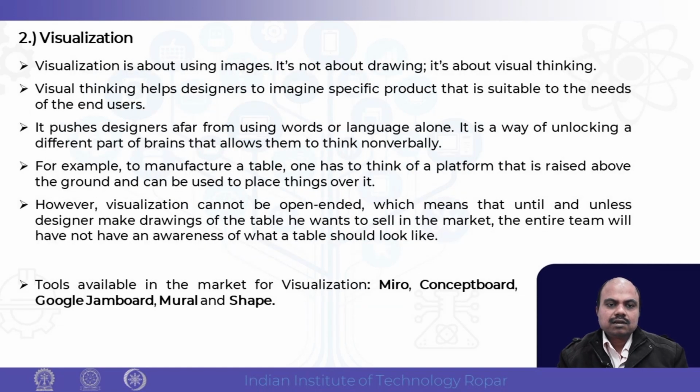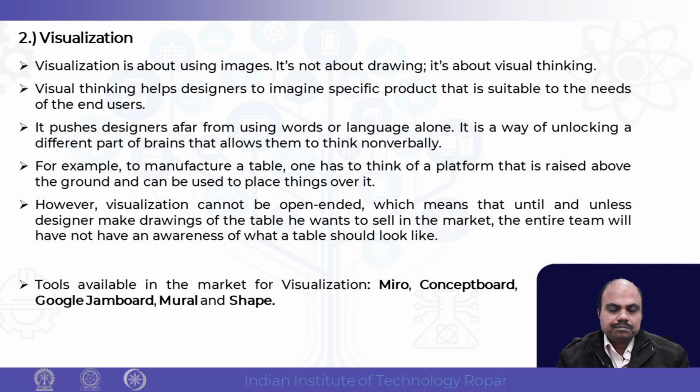Next is visualization. Visualization is about using images. It's not about drawing, it is about visual thinking. You think visually. Visual thinking helps designers imagine a specific product that is suitable to the needs of the end users.